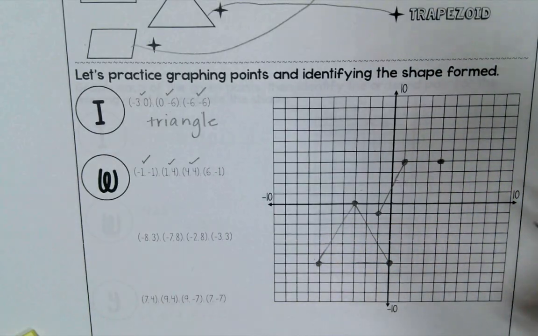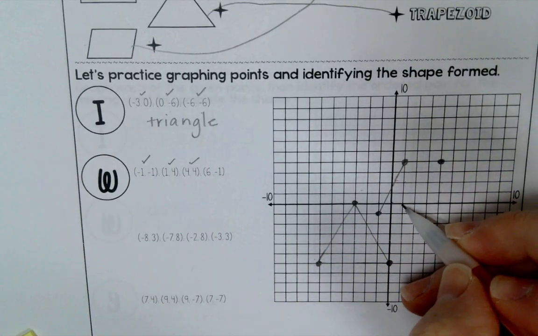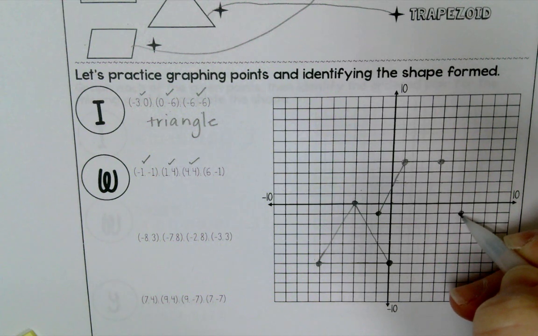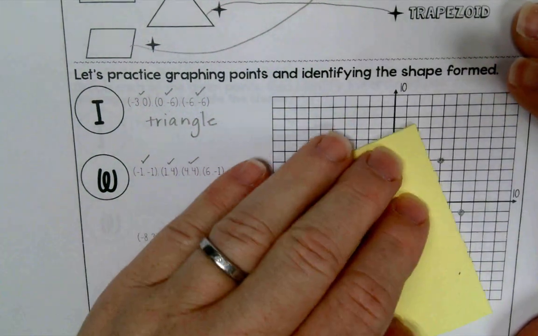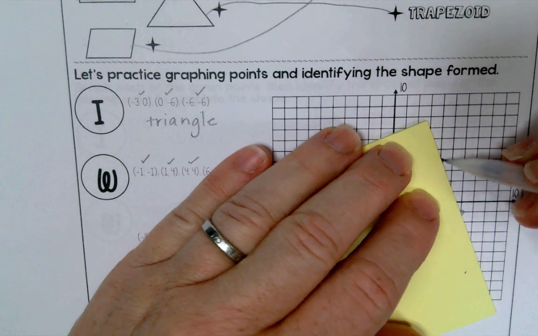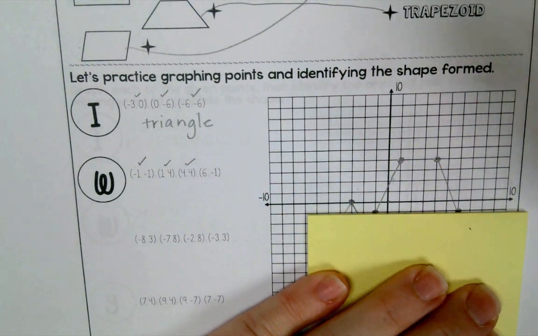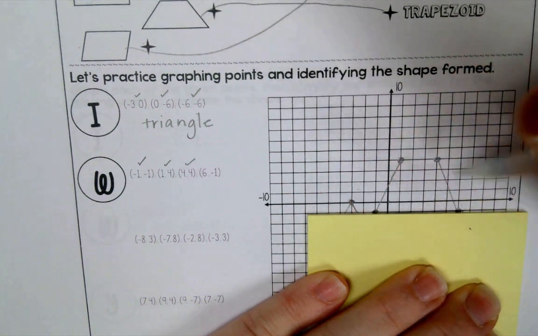And then positive 6, negative 1. 1, 2, 3, 4, 5, 6, negative 1. And then of course you connect your first and last point.